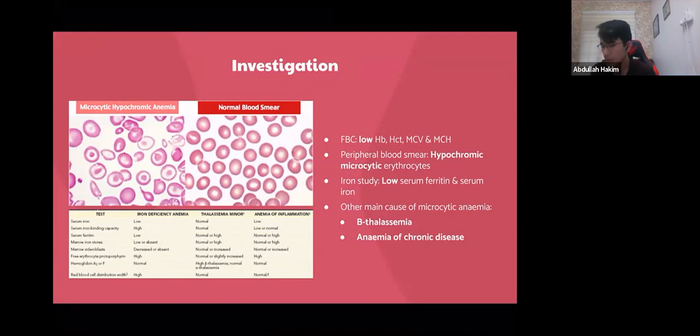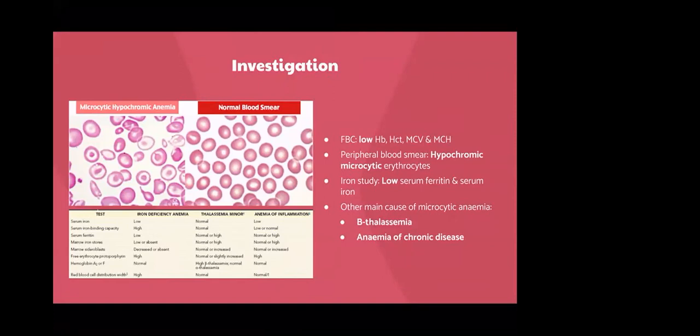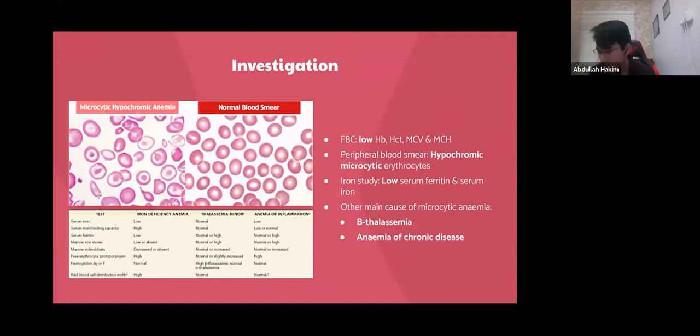Compared to anemia of chronic disease and thalassemia, there'll be normal or increased marrow sideroblasts and others. Yes. There is test for hemoglobin A2 or F. In iron deficiency anemia, it will be normal, but in thalassemia, we can see high in beta thalassemia or normal in alpha thalassemia, but for anemia of chronic disease, they'll be normal.